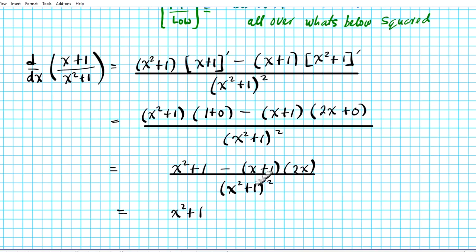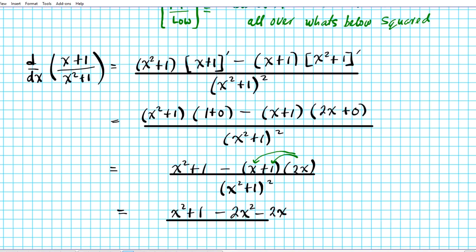A common mistake that students make is that they distribute everything and they forget the negativity here. Alright? So if you do this correctly, you're going to have negative 2x squared, and this minus changes this to a minus. So don't forget to distribute the minus. Okay, so minus times plus is minus 2x. So that's a common mistake that students make.